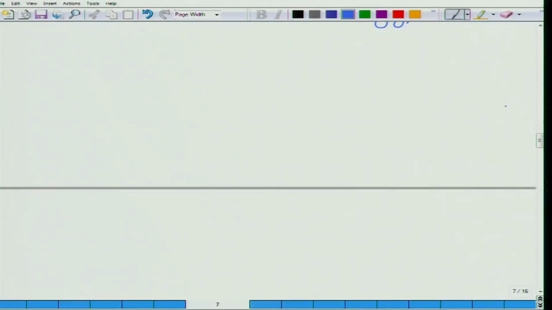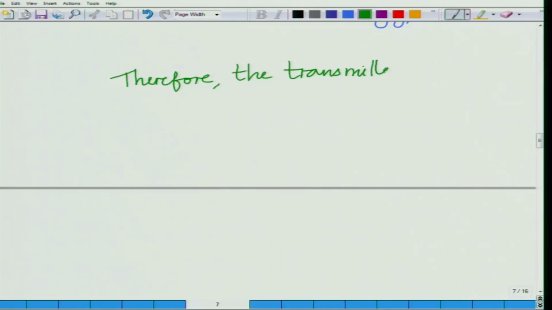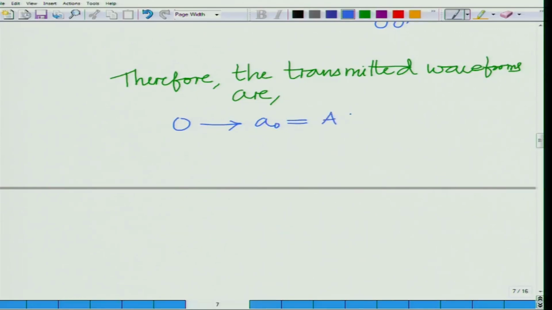Okay. Therefore, now if you look at the transmitted waveforms, if you have 0, that is mapped to A naught equals plus A, and correspondingly we transmit x t equals A naught times P t, which is, with A naught equals plus A, square root of E b, by the way, since we are setting the energy per bit equals E b as we have just shown.